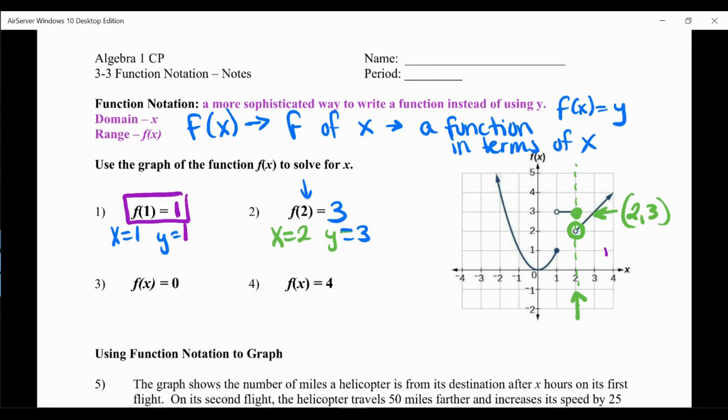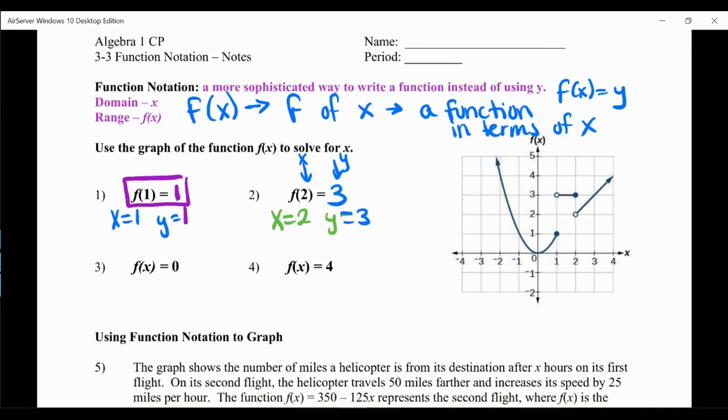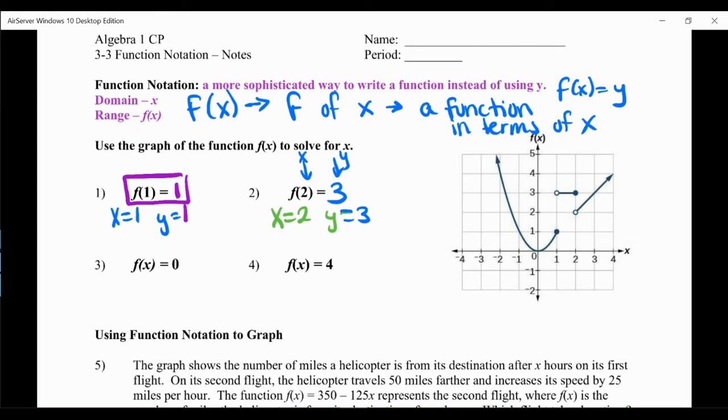So this value is our x value. This value is our y value. Three and 4 are giving us the value of the function, meaning they're giving us the y value, and it's up to us to use the graph to find the x value.